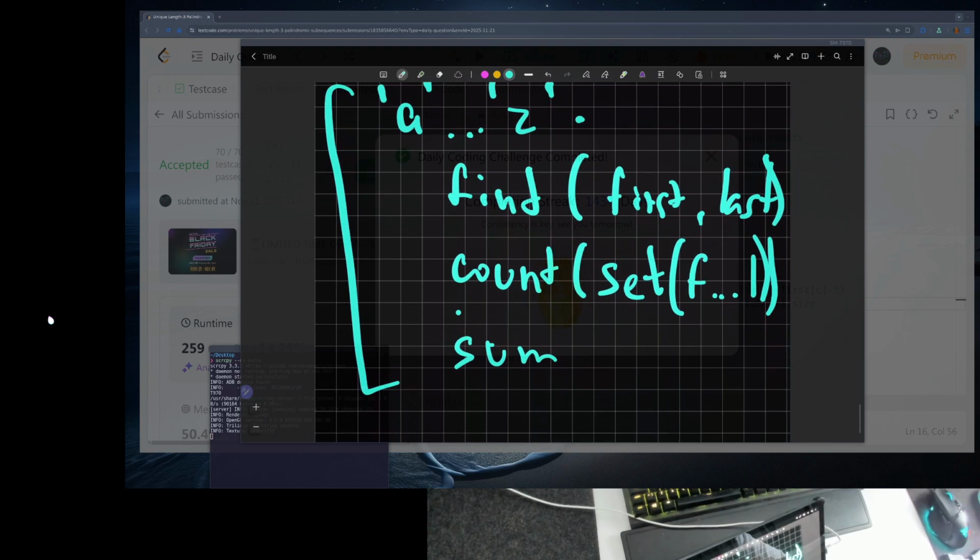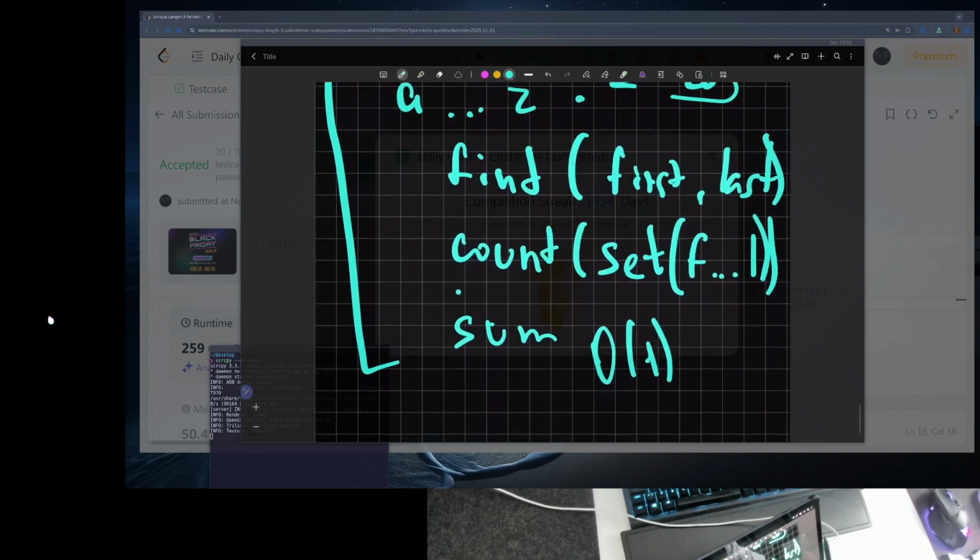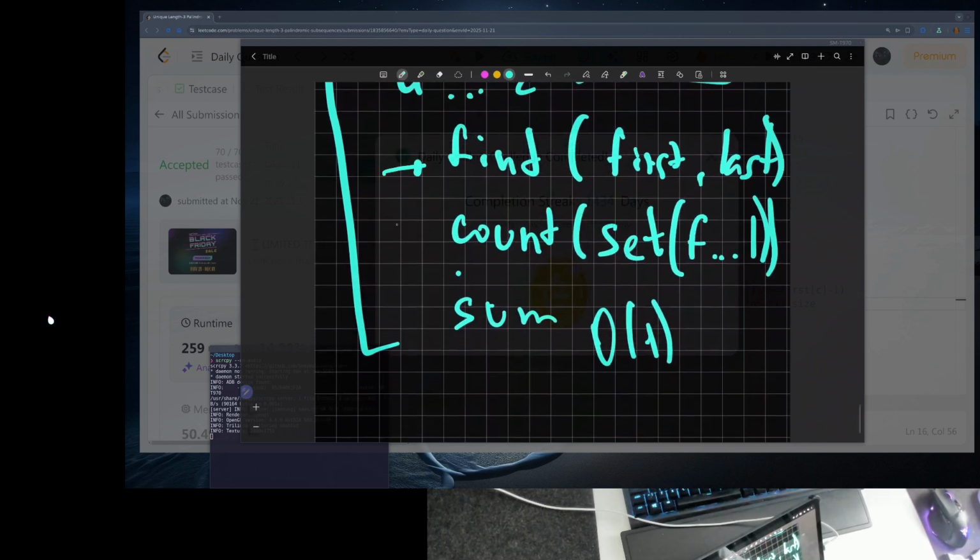The time complexity is O of 1 for the letters, because we have only 26 letters, and this is a constant. The find operation and count operation are O of n, because find and count are just a linear scan.